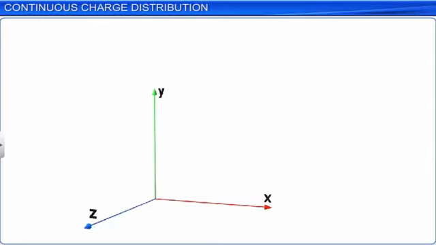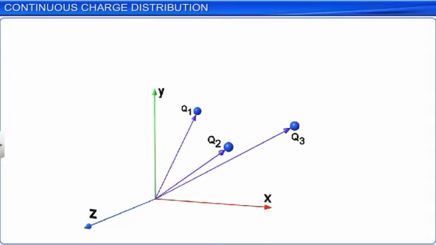Consider a region consisting of point charges Q1, Q2, Q3 and so on in air or in vacuum, with position vectors R1, R2, R3 and so on relative to the origin O. Let P be a point in this region.